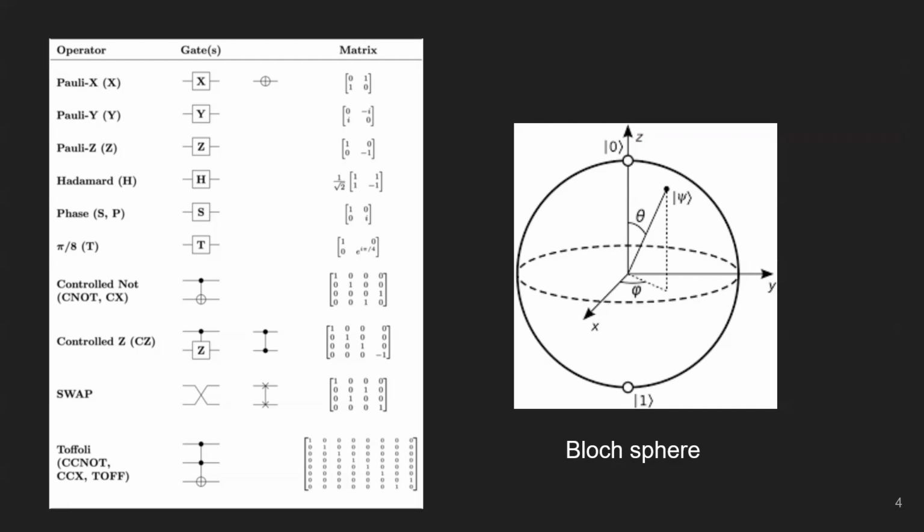We have the three Pauli matrices at the top, X, Y, and Z. We have Hadamard, and don't worry about phase and T. Controlled NOT. Don't worry about controlled Z. We have swap, and we have Toffoli. What I just listed are what will be in the practice problems.